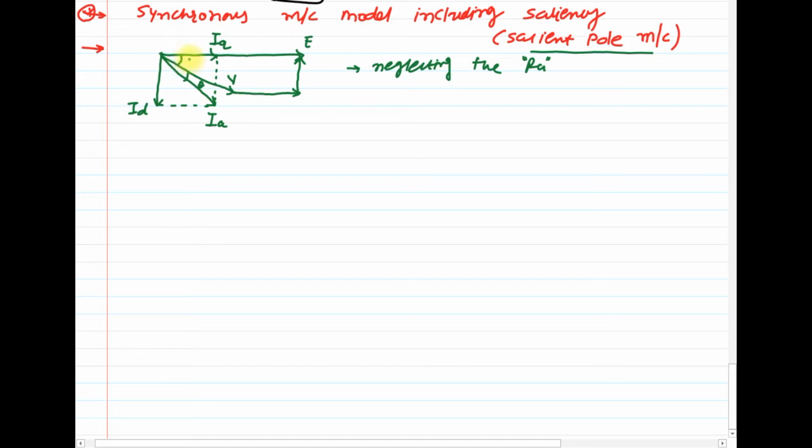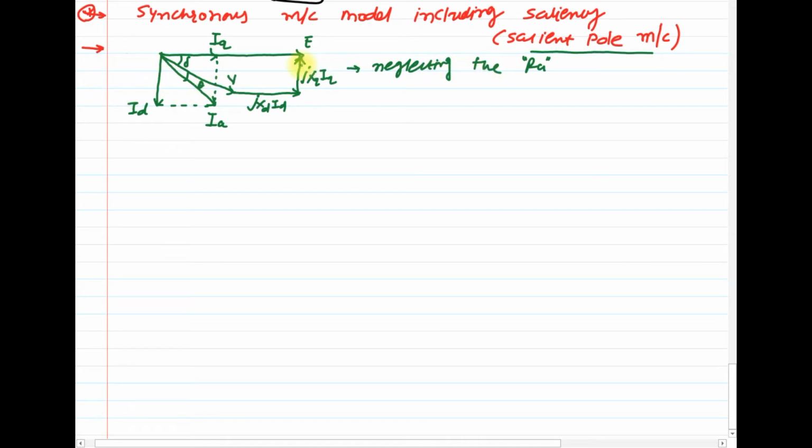Here the angle delta is between the two voltages, and this is jIxd and jIqxq. Clear? So this is the phasor diagram for the salient pole machine with armature resistance neglected.